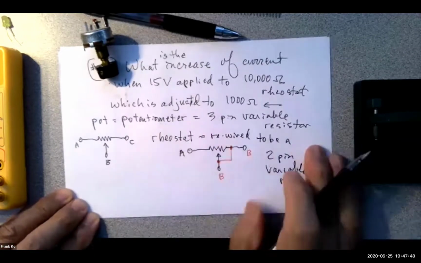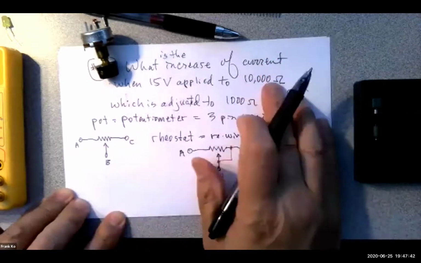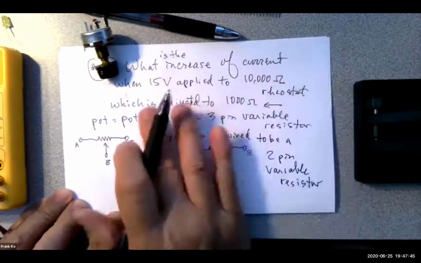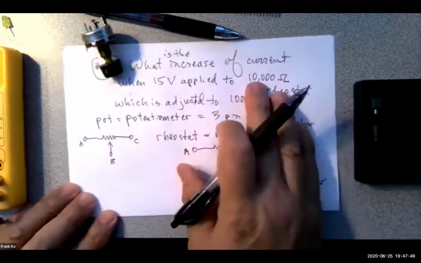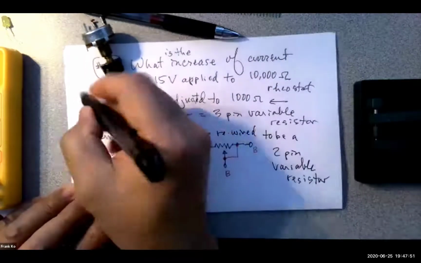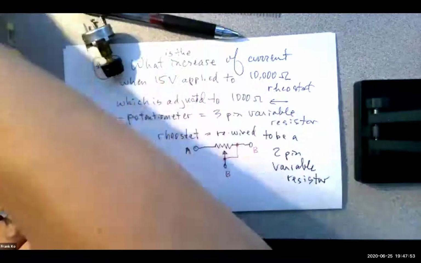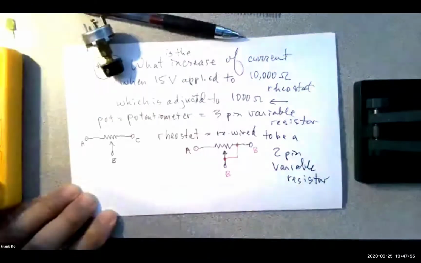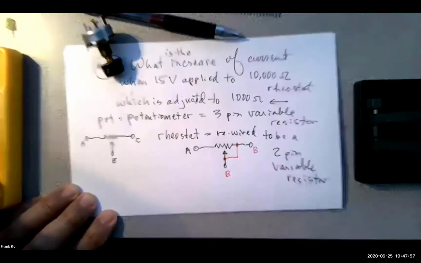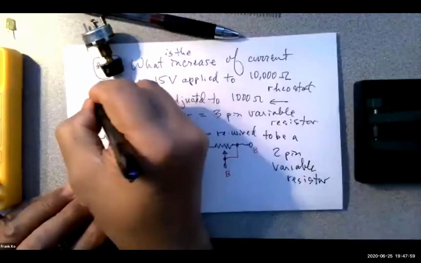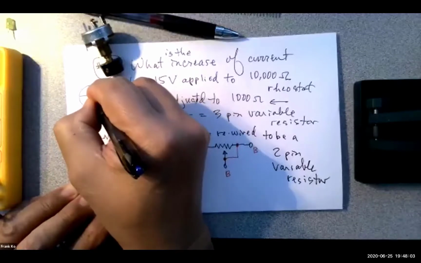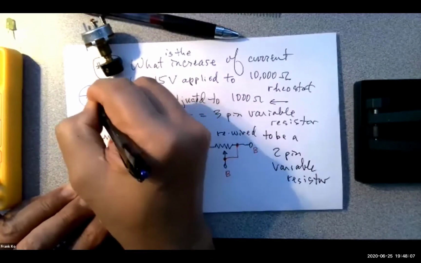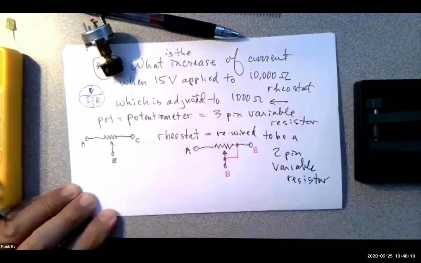So what they say is, what's the increase of current applied to a 10,000 ohm rheostat that later is adjusted to become this? First thing you've got to do is calculate the current. So if we go back to our friend Ohm's law, V, I, and R. It's a horrible V, sorry, VIR.